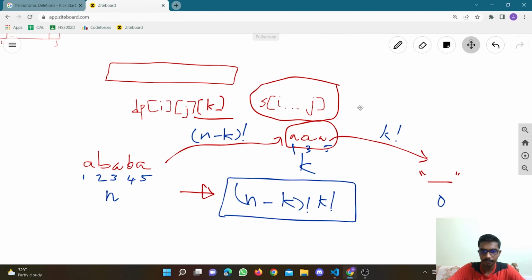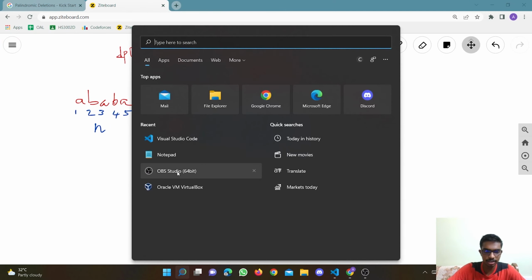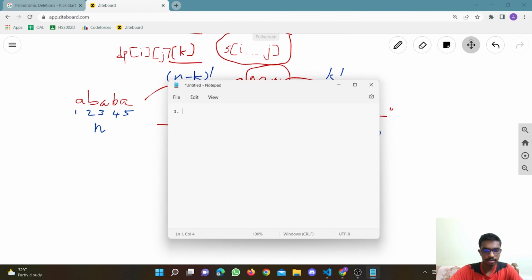So essentially I have two steps over here. The first step, find dp of i j k, which is the number of palindromic subsequences in s of i to j, right? And using dp, we get dp of 0 to n minus 1 of k, right?